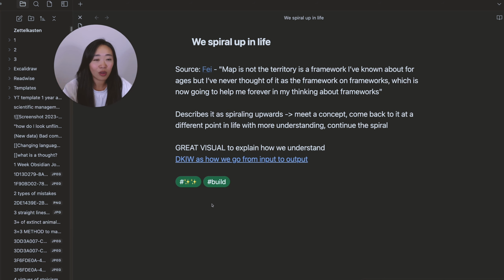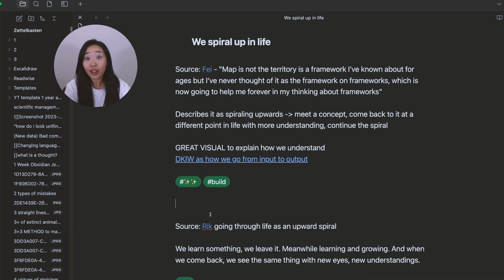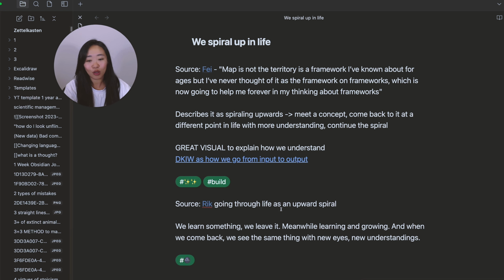And so I was going about my day, and interestingly enough, I was having a talk with another friend. And so Rick also talked about this exact idea, this exact visual. He was talking about going through life in an upward spiral, and he used those 2 words. And he talked about how we learn something, we leave it, and then we continue to grow.